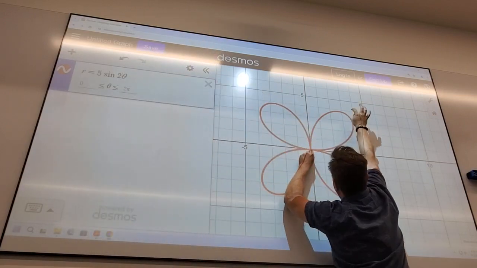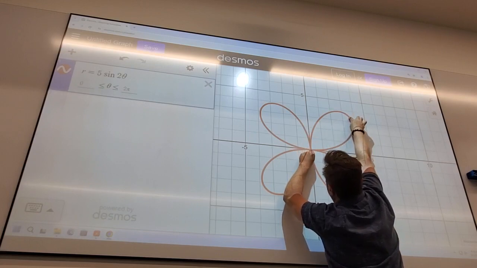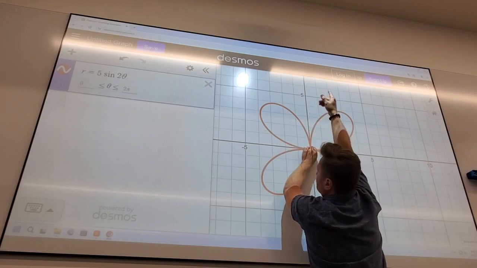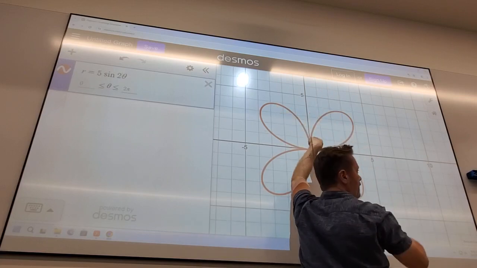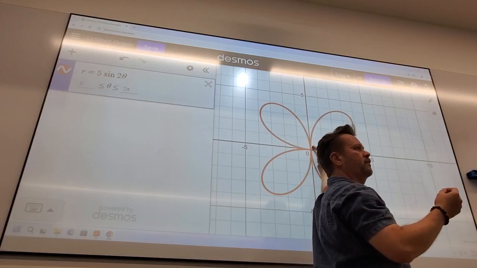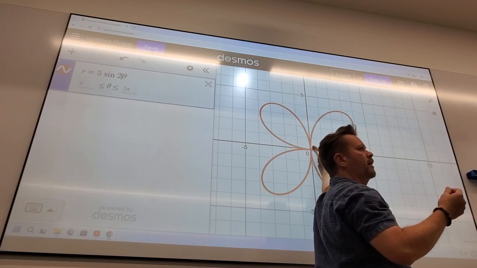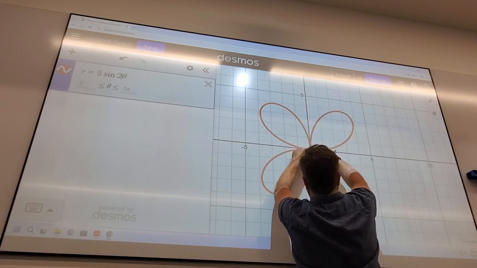So at pi over 4, it's 5 away. And then if I put pi over 2 in, what's twice pi over 2? Pi. And what's sine of pi? 0. So at pi over 2, it comes back to 0.